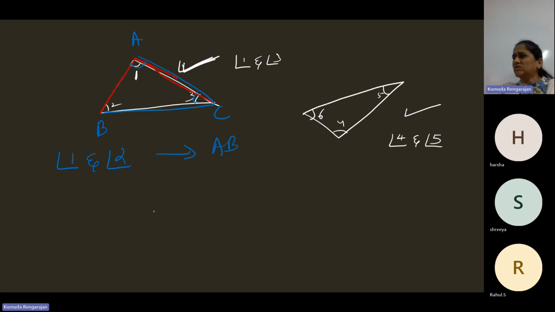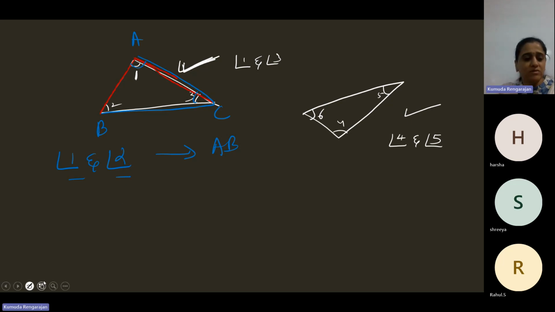Very easy, just like that you can say. Where is angle 1? At A. Where is angle 2? At B. So AB is the included side. If I have to explain why, it is because AB is the common arm for these two angles.